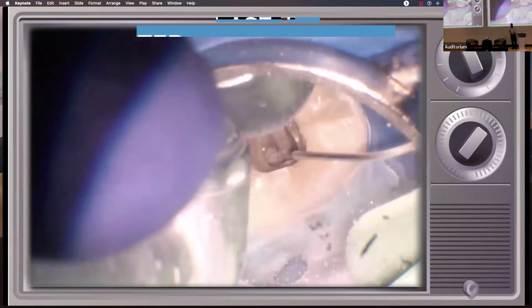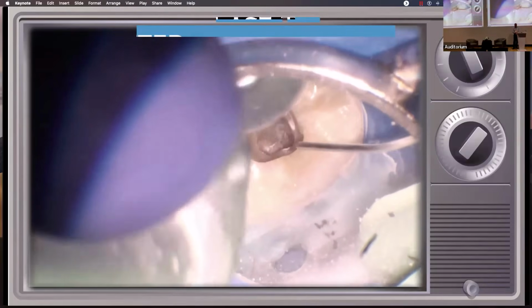Having the chairside in the scope is indispensable. Little pulp tissue right there.